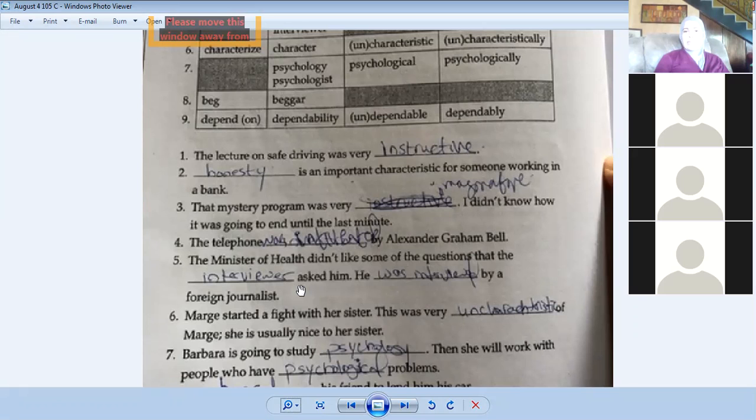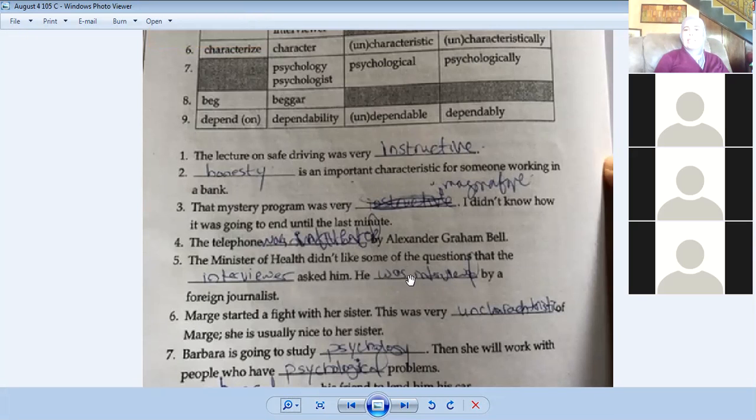Asked him. He did not like, this reminds me of Trump when he did not like the questions that the reporter asked him, okay? Or the interviewer. The reporter is an interviewer, isn't he? So he was what? He was interviewed by a foreign journalist.